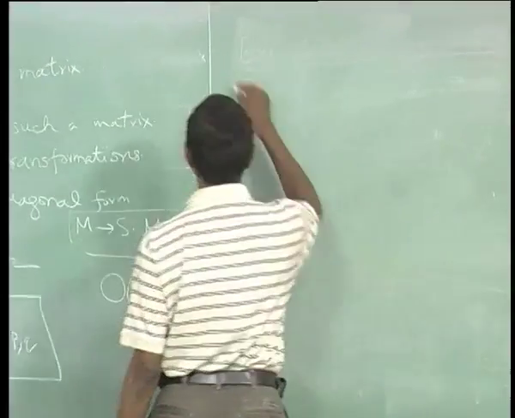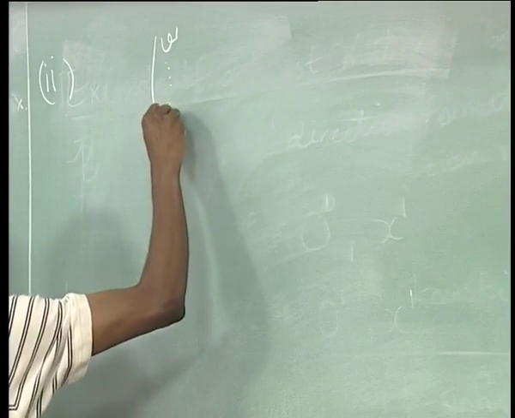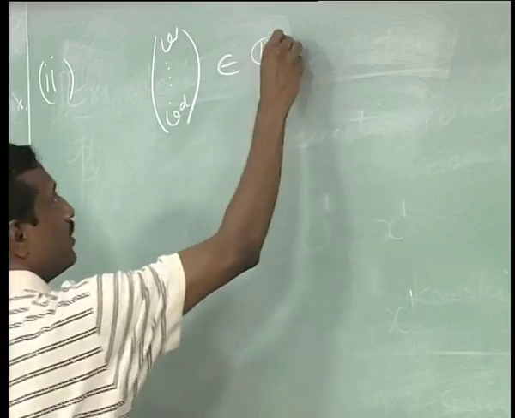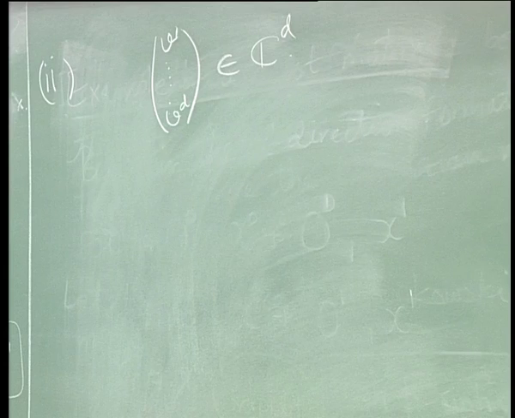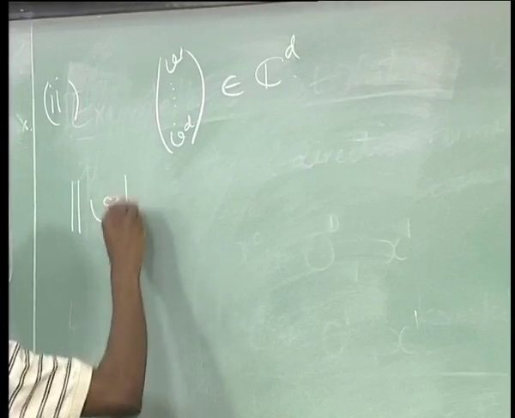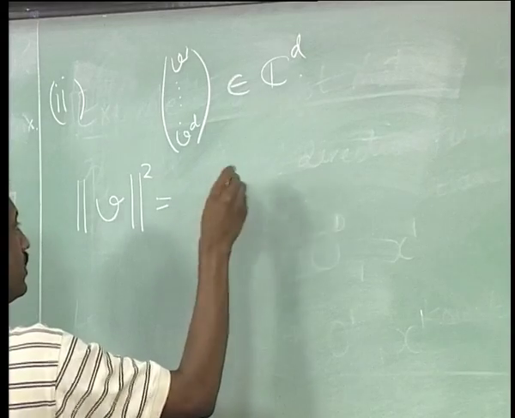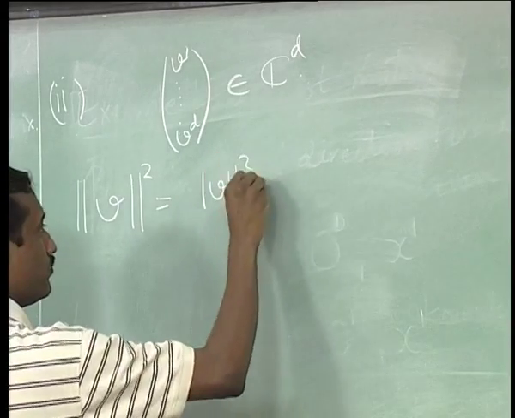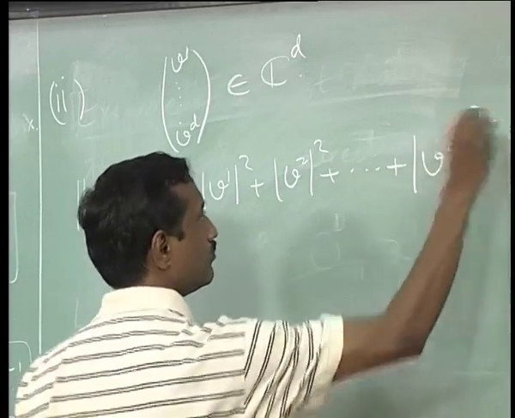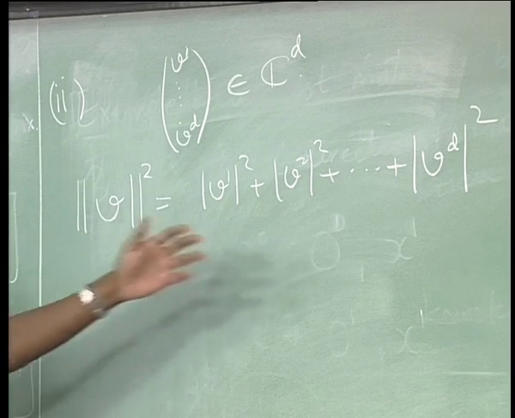The second generalization is the following. So far we assumed that V1 to Vd belong to the reals, but suppose each of these elements belong to complex numbers, and let us have a norm which is real. I define it to be the following modulus, and I do not put minus signs here.